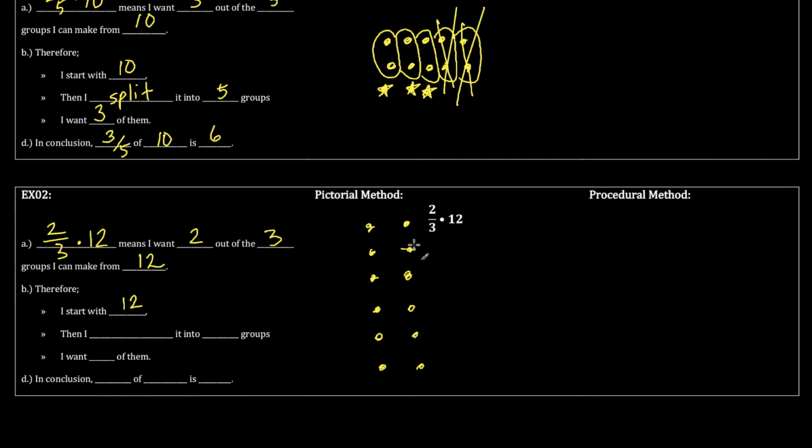I want 2 out of the 3 groups I can make from 12, so I need to split this into 3 groups. 12 divided by 3 is 4, so each one can be a group of 4.